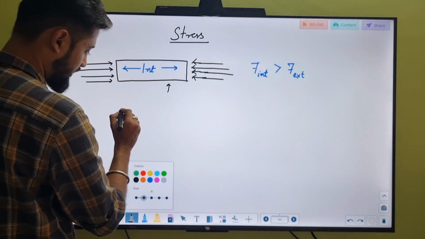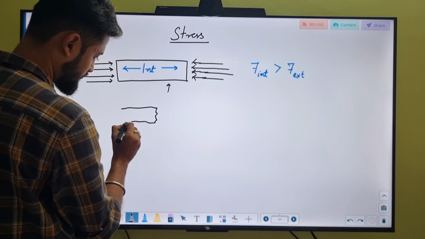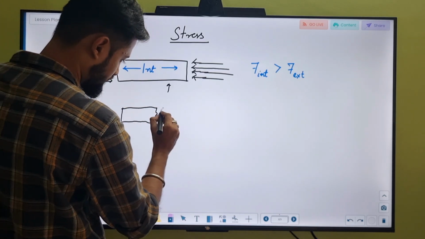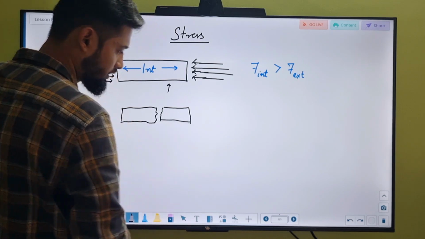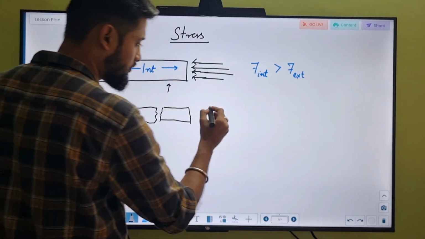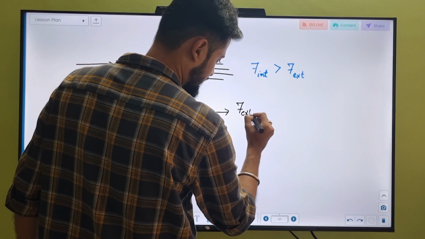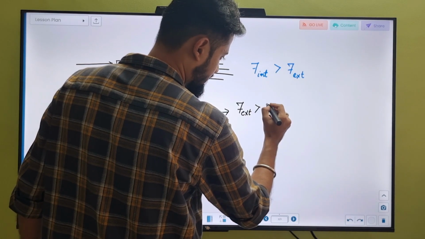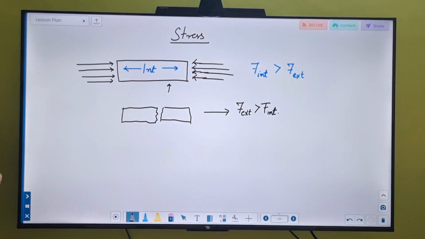In case this breaks, then we can say that F external was greater than F internal.